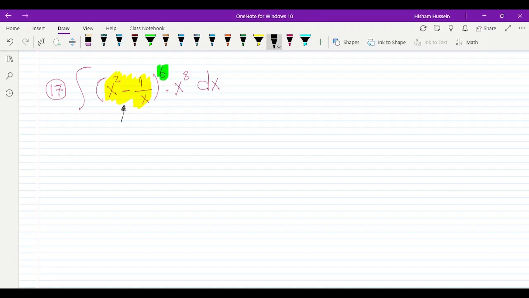X squared, its derivative is 2x. 1 over x, its derivative is negative 1 over x squared.